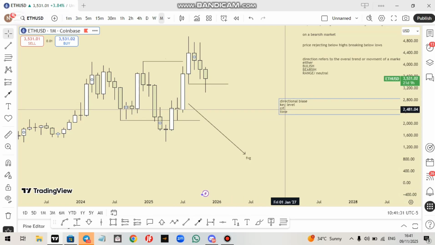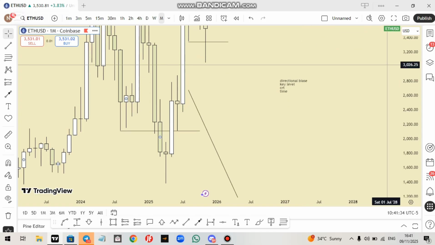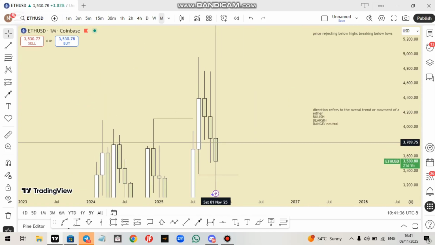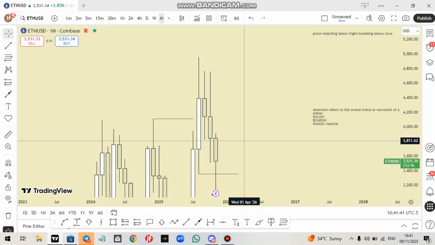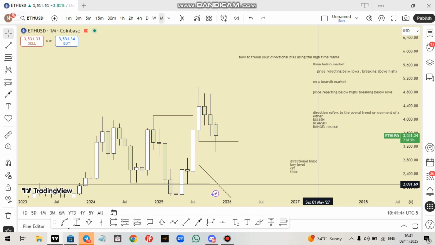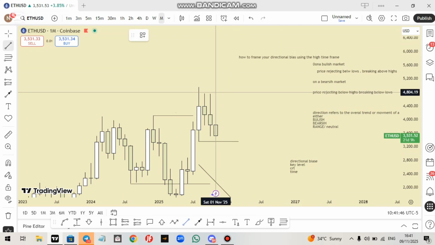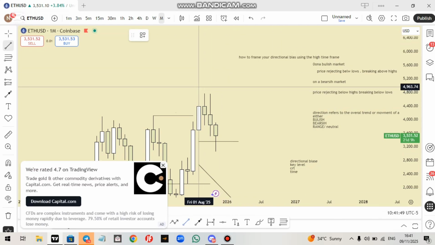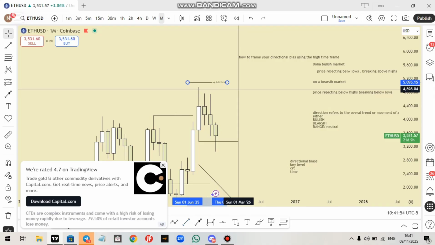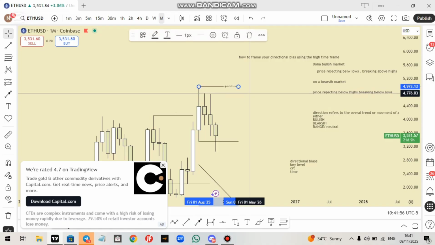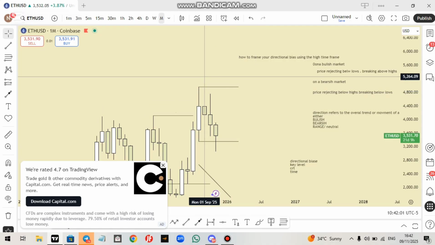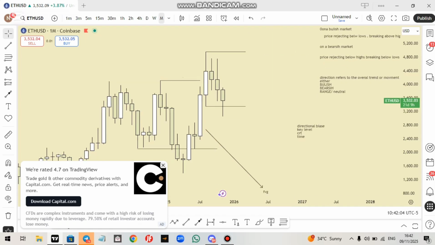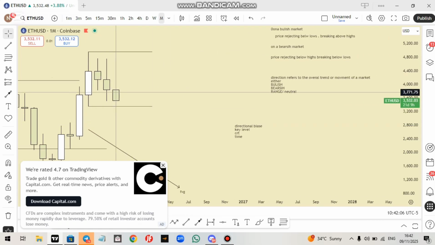Third is CRT. Now if you check, we have this accumulation candle. We have the manipulation candle. Look at it. And look at the high of the accumulation candle, right? We have the accumulation candle, the manipulation candle, and we are now waiting for the expansion candle.